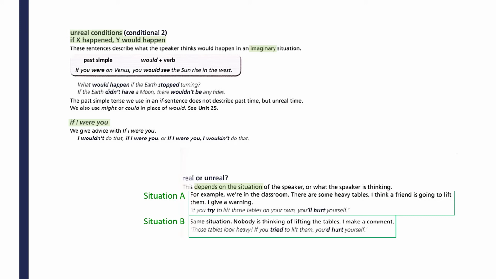No one is trying to lift them, but the whole lifting is all in my imagination and is therefore unreal. So you can see the so-called real or unreal, it's really depending on what you are trying to say, because you are the one using the language and you are the one making meaning.